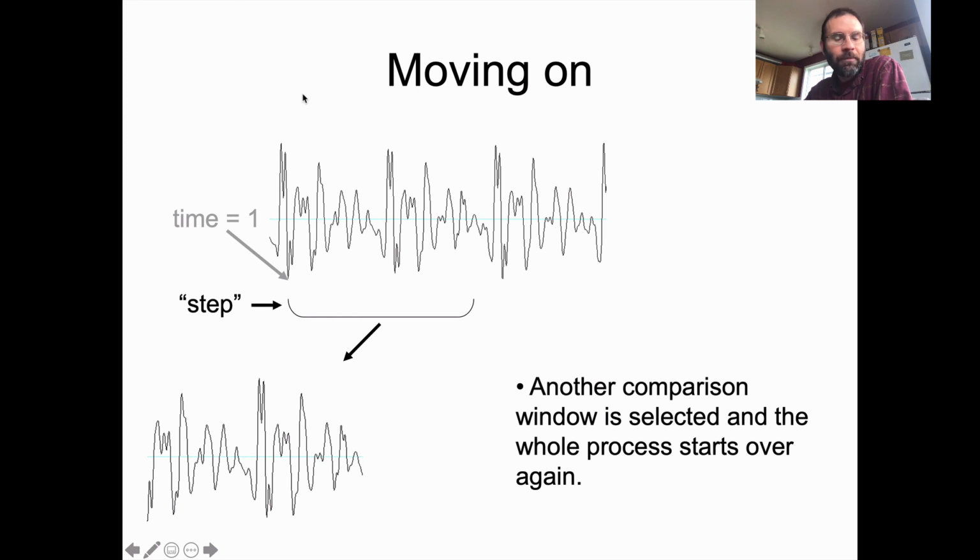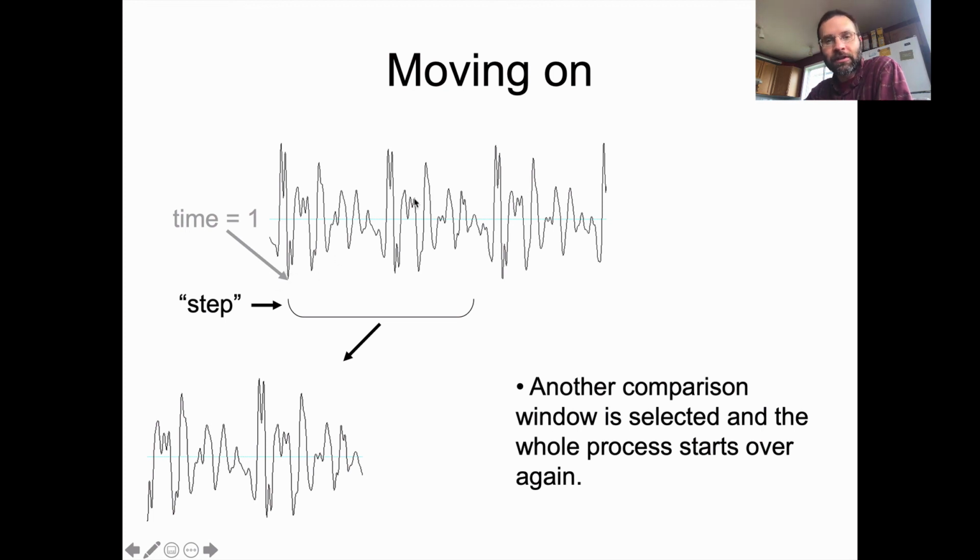Okay. So I want to point out that having figured out what the fundamental frequency is at time 0, the very beginning of this waveform, the next thing the pitch tracker would do is move on to the next sample or the next step, however you define that in the pitch tracker, and then figure out what the pitch is at that particular point in time as well.